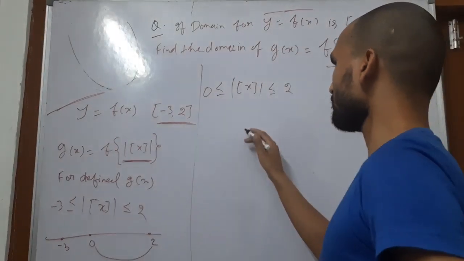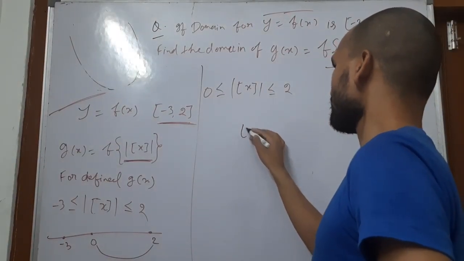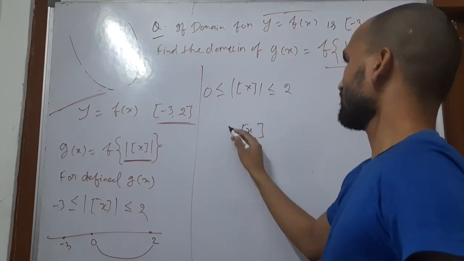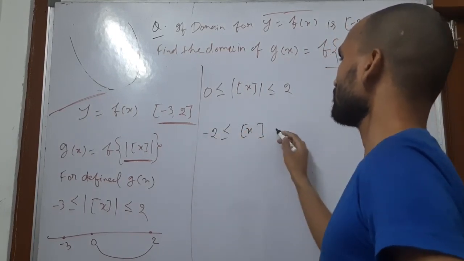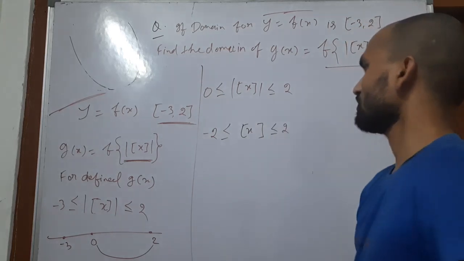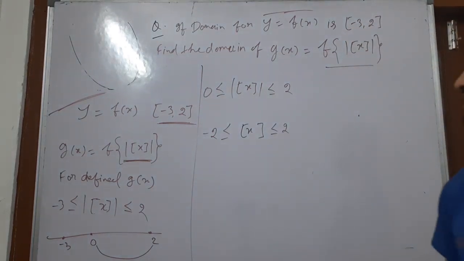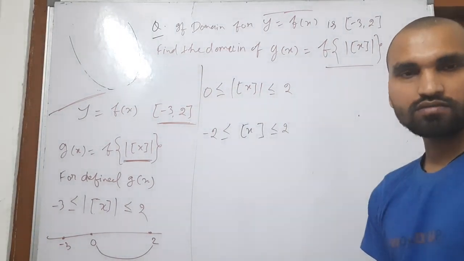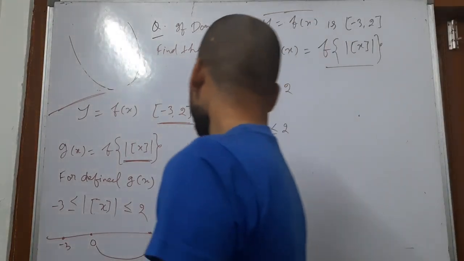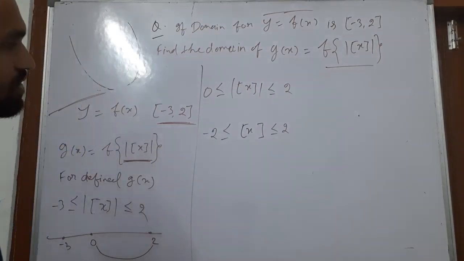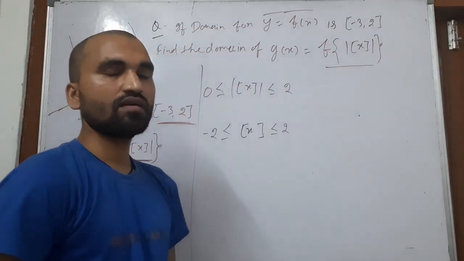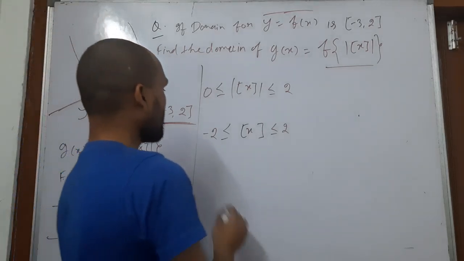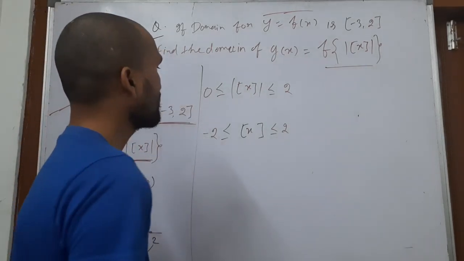So after removing the mod, we should get that the greatest integer x is from minus 2 to plus 2, because the mod of these negative values will be positive. Now we should break the greatest integer x in the form of x.